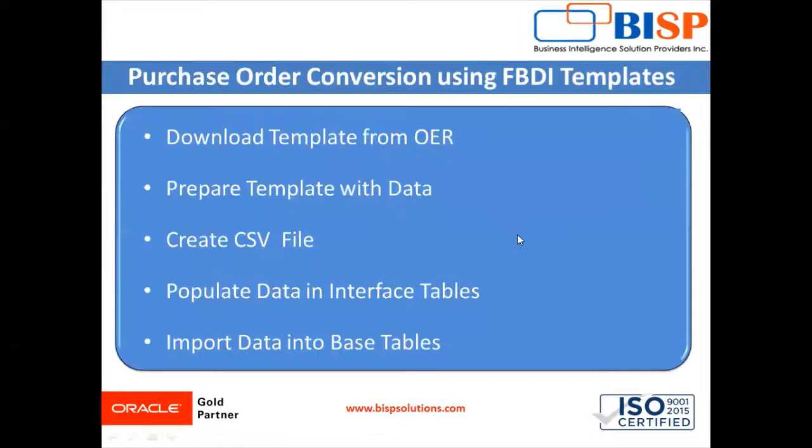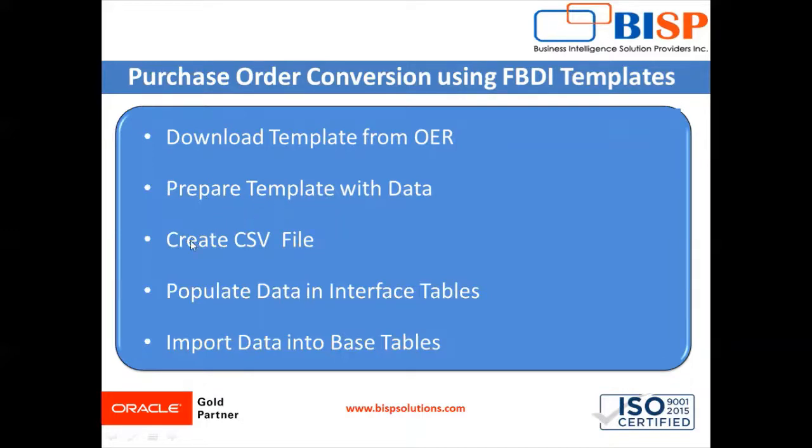So we have to perform some basic steps to import the purchase order using the FBDI template. First of all, we have to download the template from the Oracle Enterprise Repository. After that, we input the data into our template so that we prepare our template.